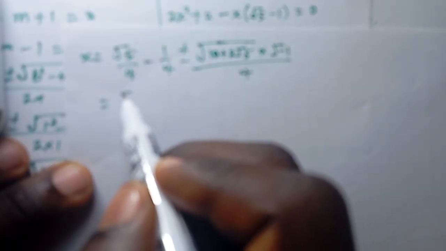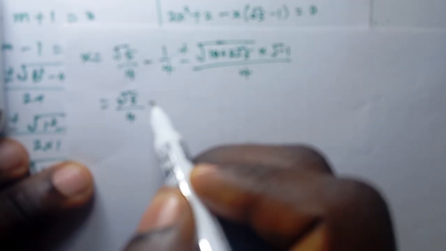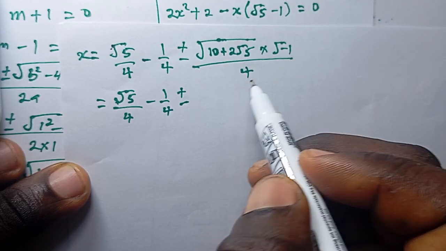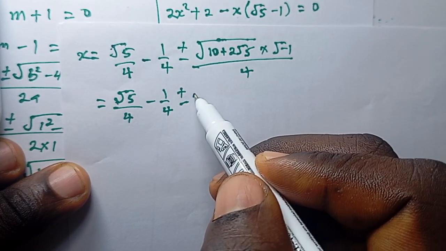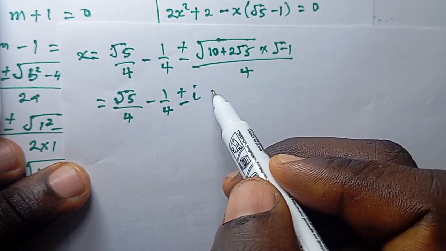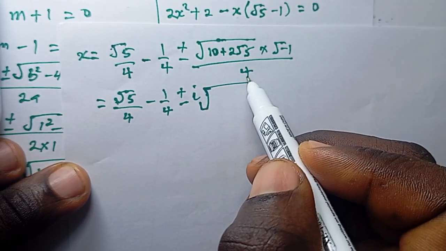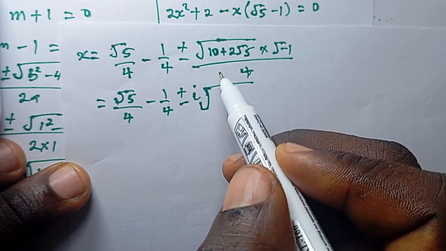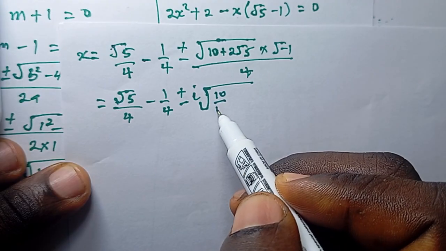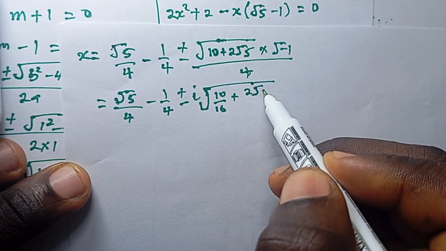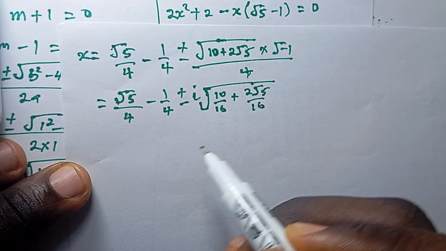So if I continue from here, this is actually going to be root 5 divided by 4 minus 1 over 4 plus or minus root minus 1 here is the complex value i, and then I can push this 4 inside the square root. So I'm going to be having 10 divided by 16 plus 2 root 5 divided by 16.